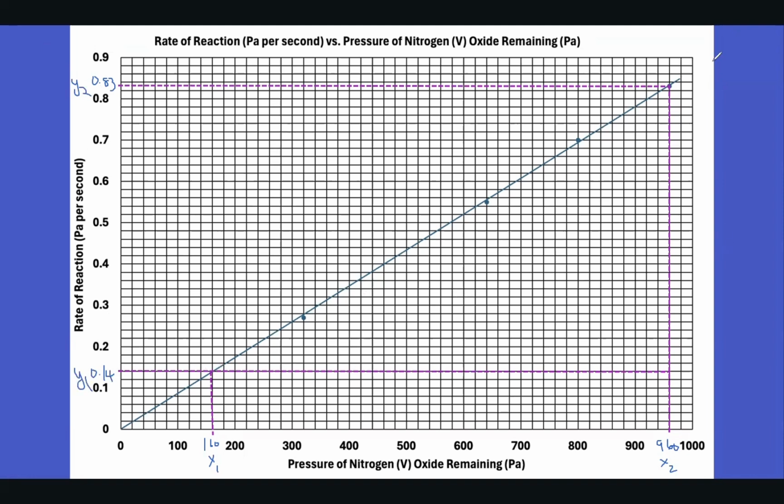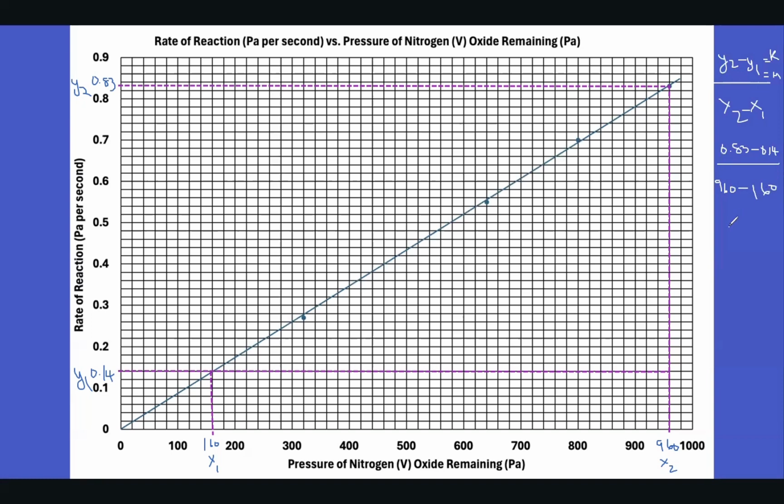So remember now what we said? We said that we have to do y2 minus y1 over x2 minus x1. So rise over run. That's going to give me my slope, which is also my k, right? So my y2 was 0.83. Subtract off my y1, which was 0.14, and divided that through by 960, my x2, minus my x1, which is 160.